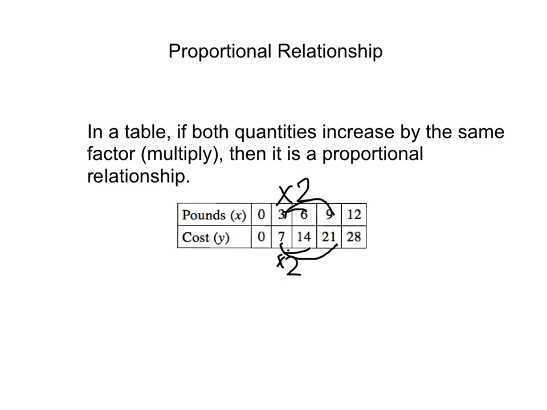So you see that each time I'd be multiplying each quantity by the same amount. Therefore, this is going to be a proportional relationship. 7 times 4 is 28. 3 times 4 is 12. So that's what we mean by if both quantities increase by the same factor.